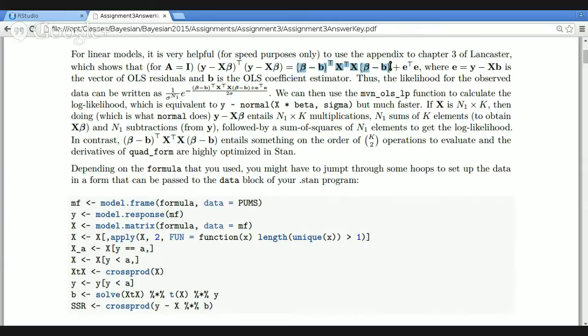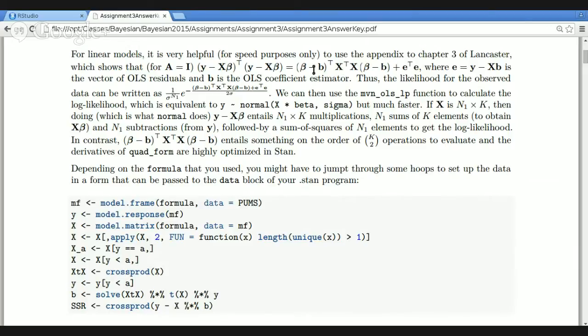And so if K is like 15 or 20 or whatever, any sort of single digit or double digit number, then that's not a whole lot of derivatives that Stan has to keep track of when you're multiplying a K by 1 vector by a K by K matrix by a K by 1 vector to get the scalar and then add it on to the constant to get the contribution to the log likelihood.